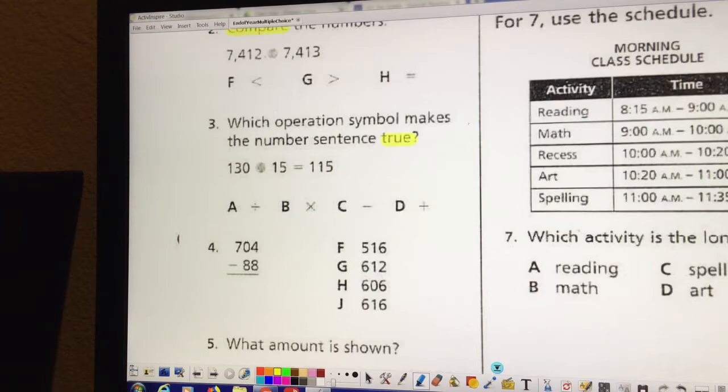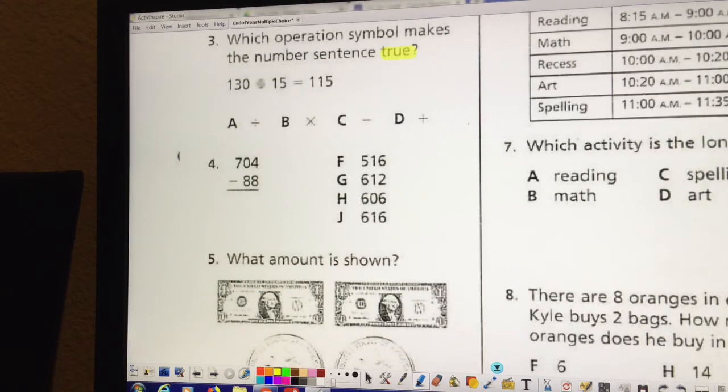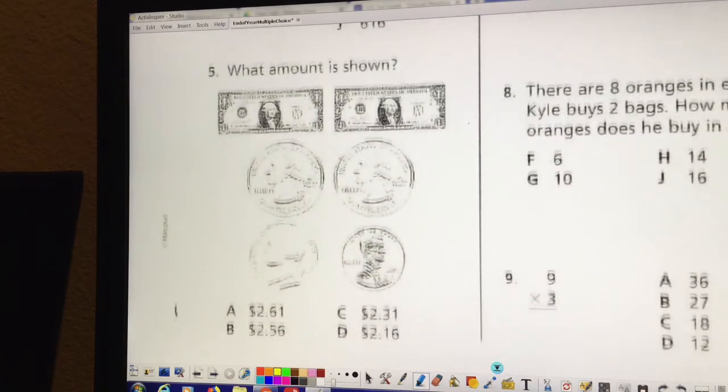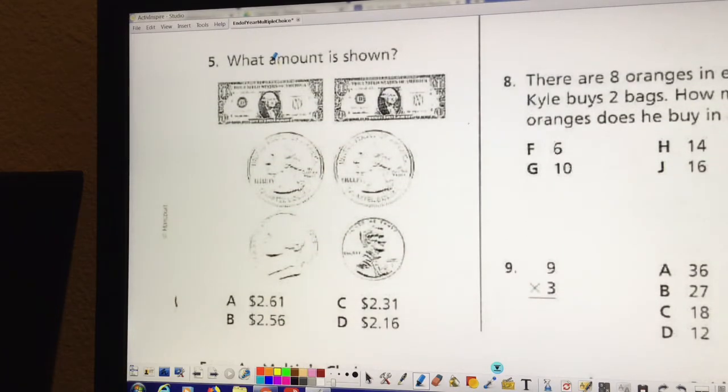Number 4 is just a subtraction, but now remember, if you have numbers on the bottom that are higher than the numbers on top, don't forget you do have to regroup. Number 5 is what amount is shown. Okay, so here we have a dollar bill, a dollar bill.